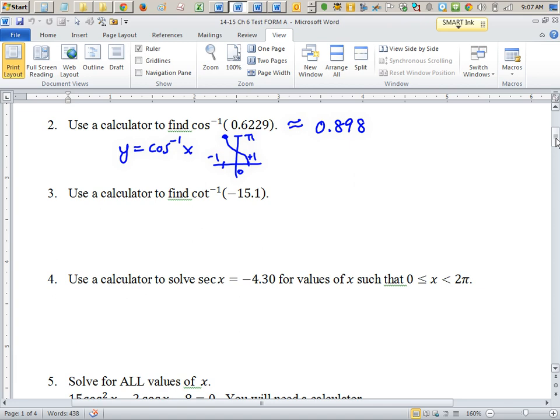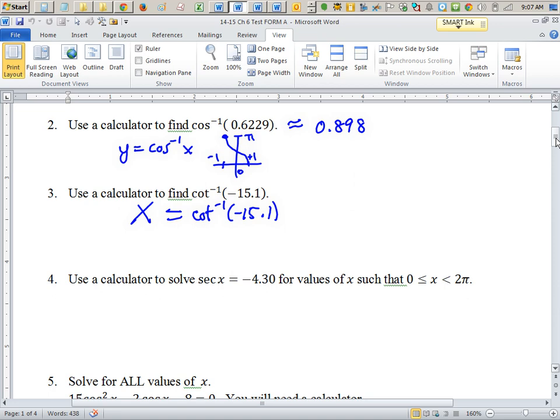Okay, the next problem is a little hard to type because you might not have a button for it. But if you understand what it's saying, it's just saying what angle has a cotangent of negative 15.1. So there's so many ways to kind of rewrite the question. And so what you could think of this as is, what is this? Just set it equal to x, right?